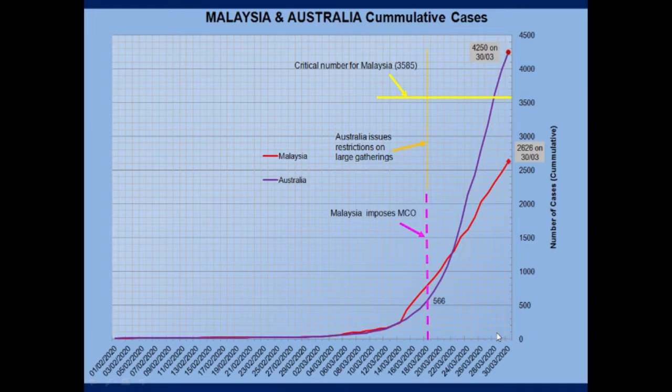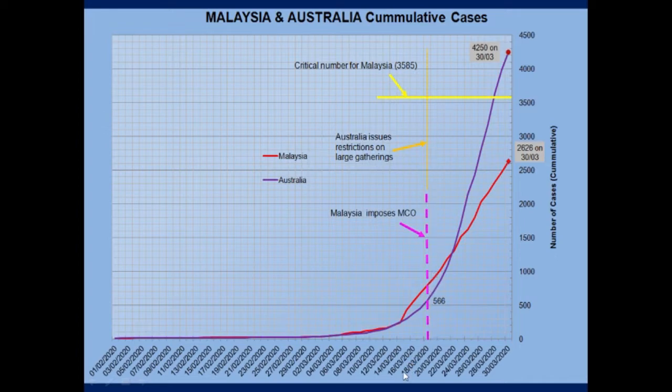Now I'm trying to update the comparison between Malaysia and Australia in terms of cumulative cases. As you can see here, on the 30th of March, Australia has got 4,250 cases and Malaysia has got 2,626 cases. Both countries have imposed some sort of restriction of movement.